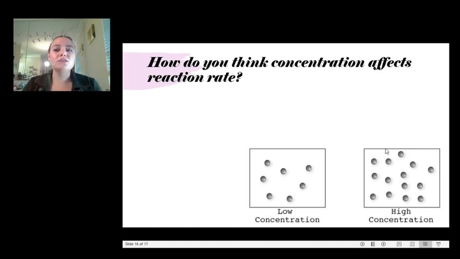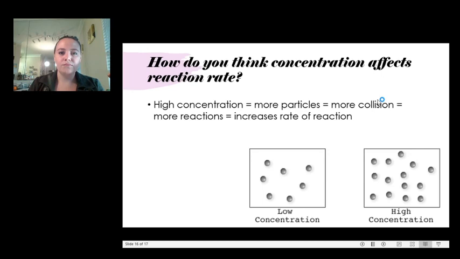So with high concentration, you increase your probability of having a collision, and you increase your probability of having an effective collision in the right orientation because you have more molecules bumping into each other. So high concentration means more particles, means more collisions, means more reaction.